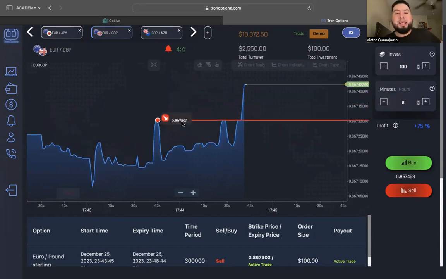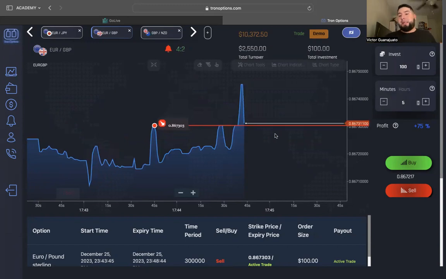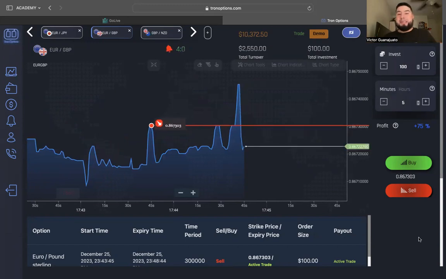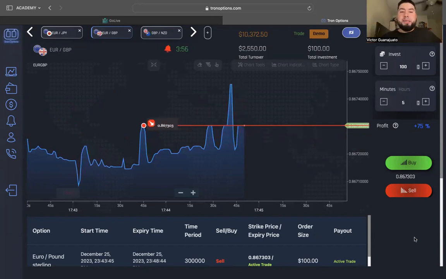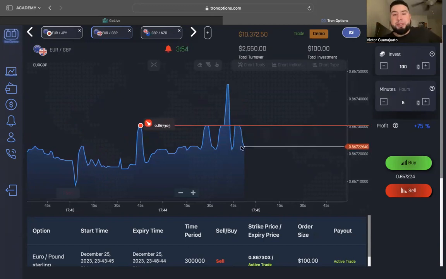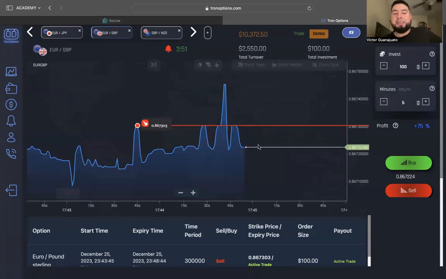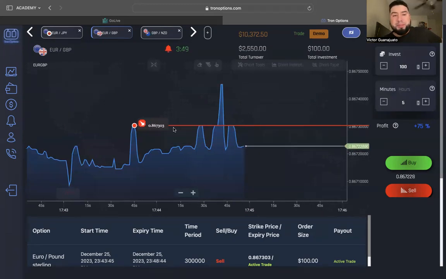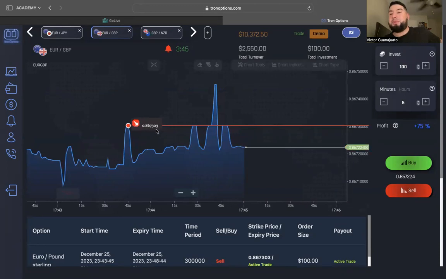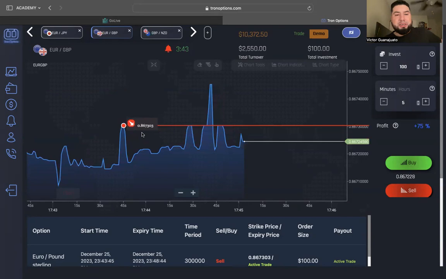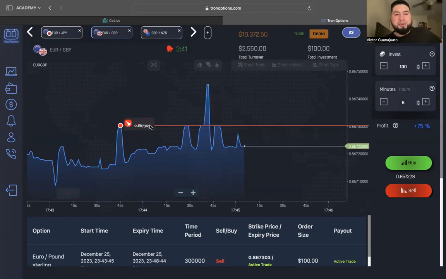Now, what does this red line mean? It means that I'm guessing a movement that is going to go down on the market. Basically, if the market ends below the strike price that I choose, which is 730, we're going to be using the last 3 digits. 730, remember, the last digit we don't count.